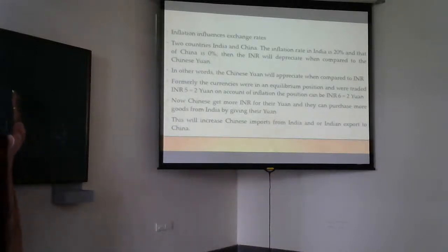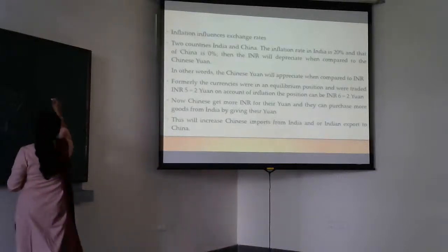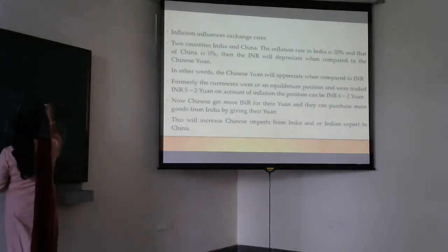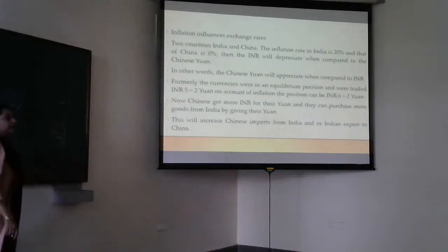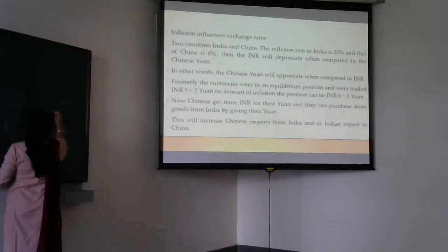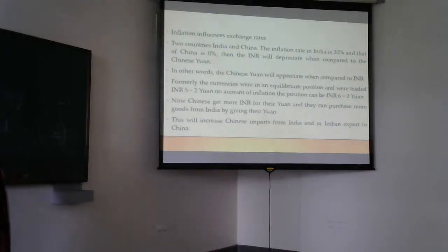Because in India the inflation rate is 20% and in China it is 0%, initially the relationship was 5 rupees is equal to 2 yuans. Because of this change in the inflation rate of India, there is now a possibility that we have to give 6 rupees for 2 yuans.